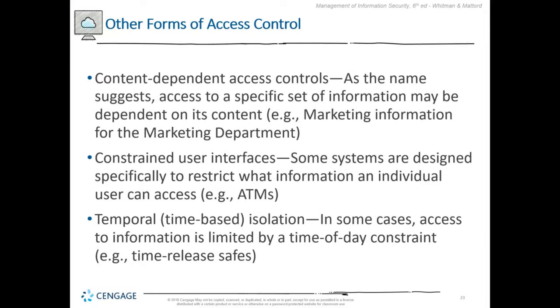This is access to a specific set of information that may be dependent on its content. Constrained user interfaces have the system designed specifically to restrict what information an individual can access, or maybe time-based isolation, where the information is limited by a time of day constraint. For example, they can only access the information for their working period and not after hours.